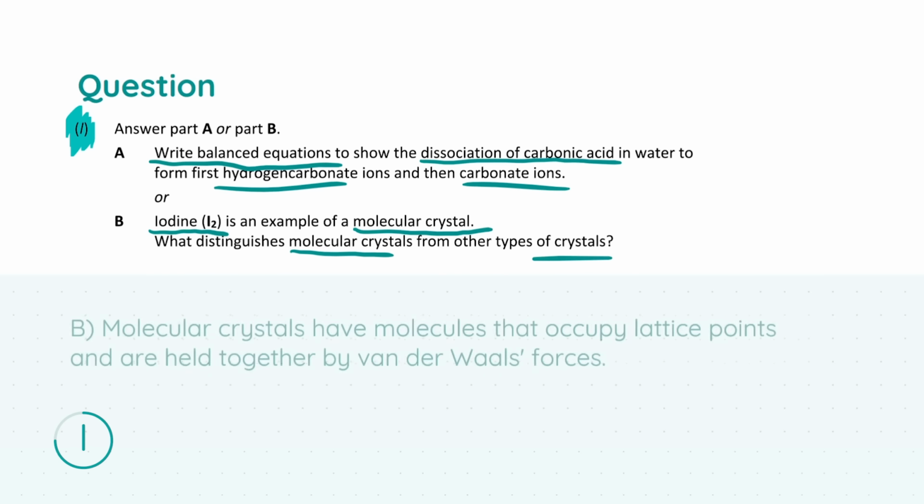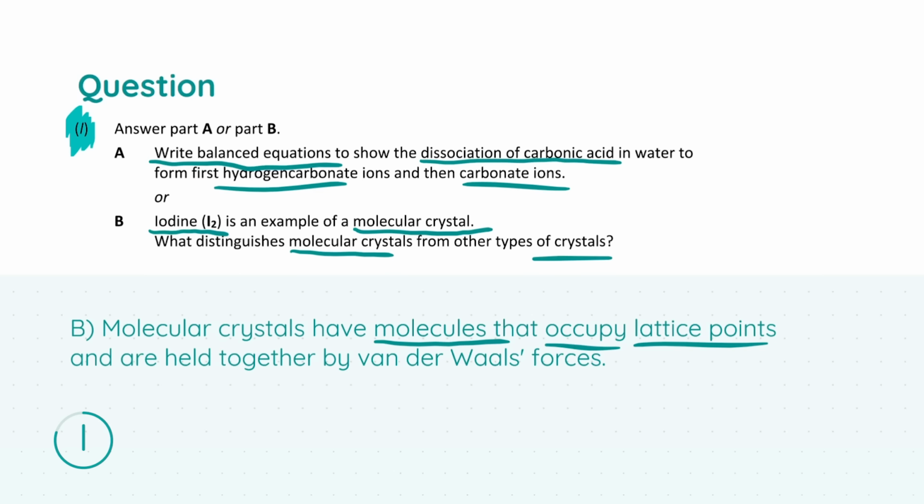So having a look at the answer required for part B here, the distinguishing between molecular crystals and normal crystals is centered around lattice points. In this case, molecular crystals have molecules that occupy lattice points in particular.